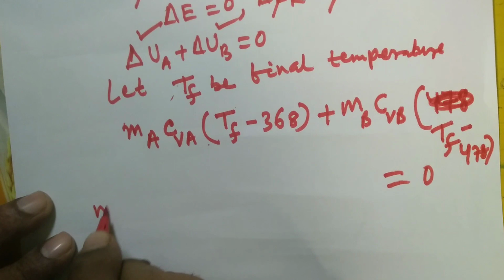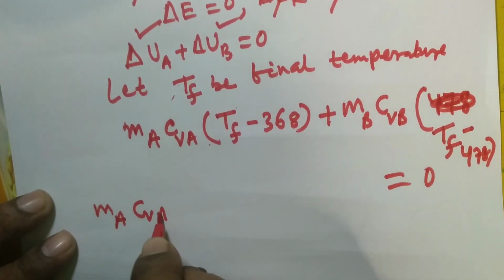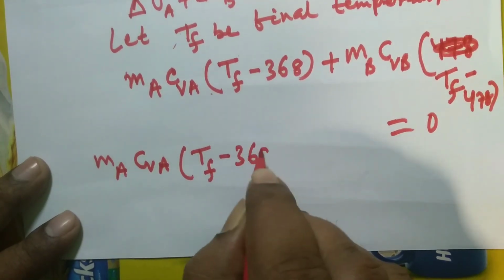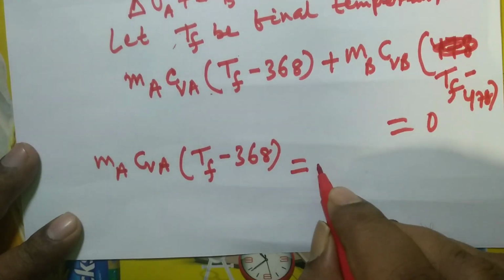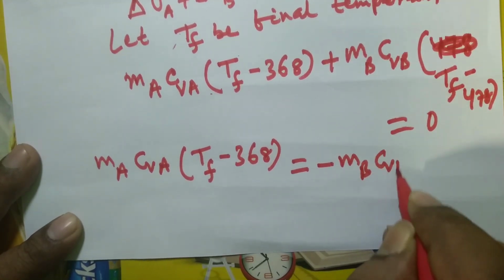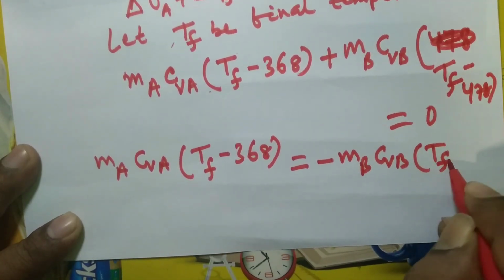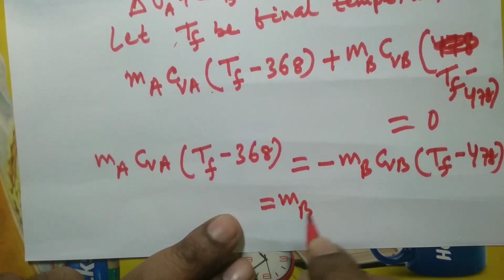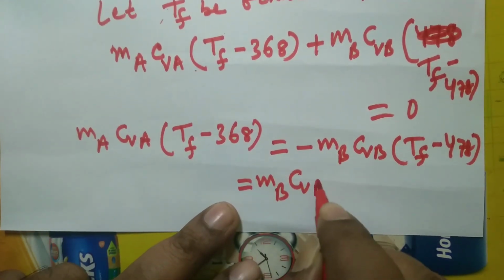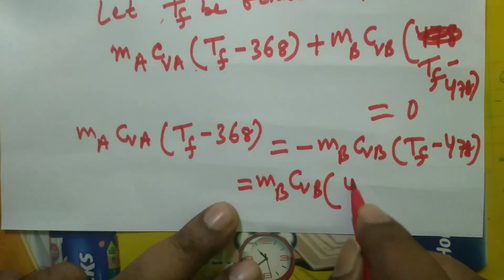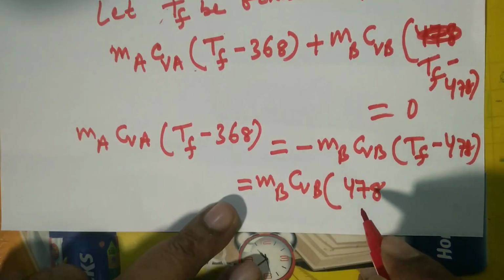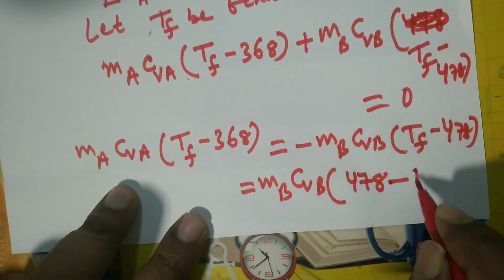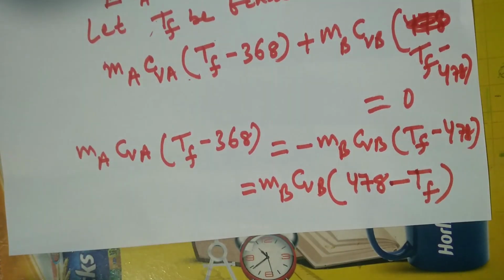This can be written as Ma CVA (Tf minus 368) equal to minus Mb CVB (Tf minus 478). This is equal to Mb, the mass of vessel B, times (478 minus Tf).